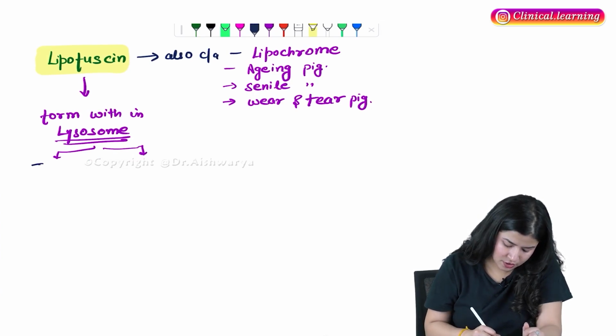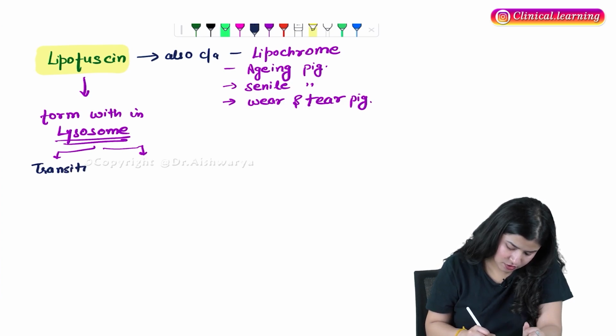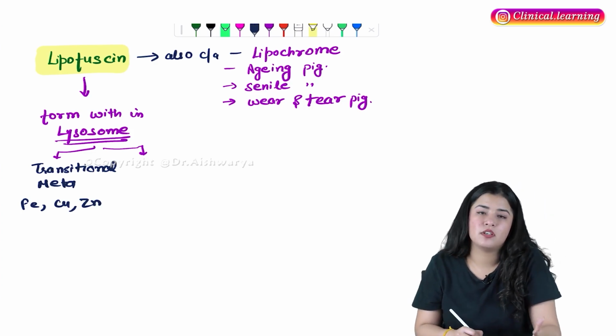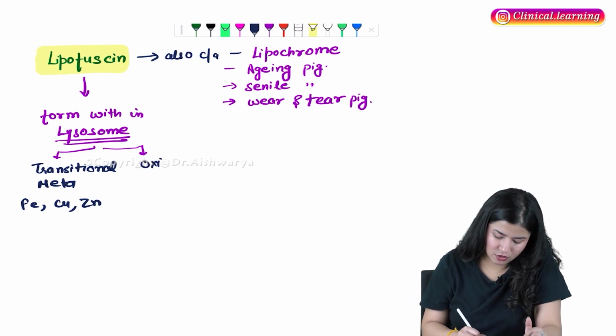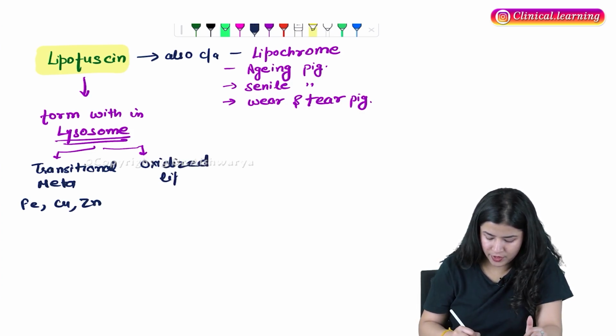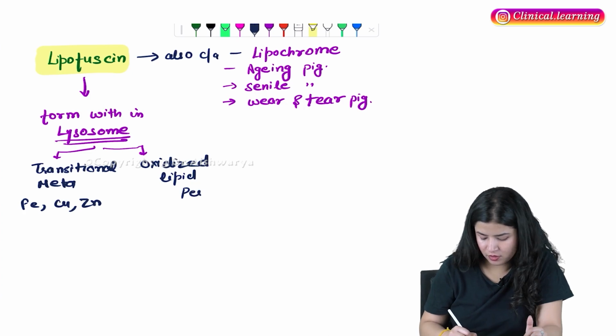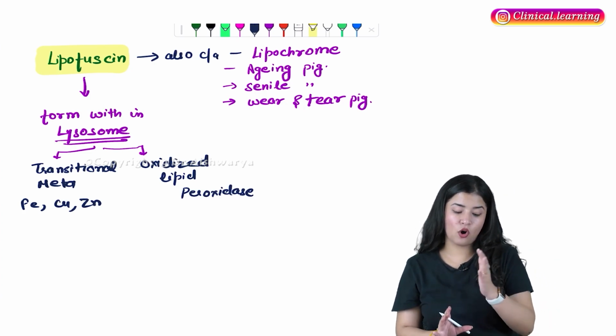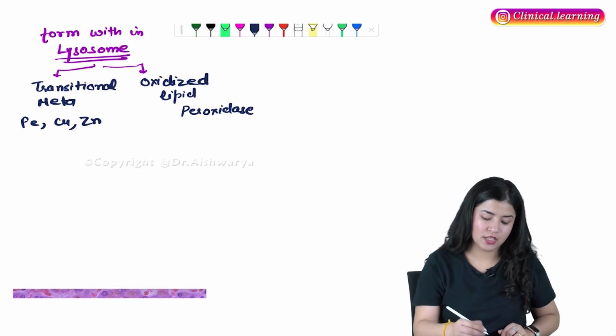First one is transitional metals like iron or copper or zinc. The other one that is present here is oxidized lipid peroxidase.